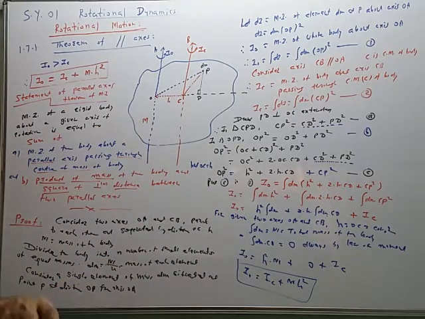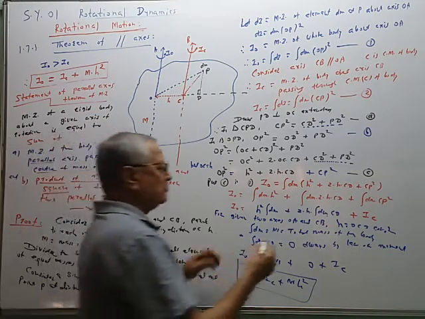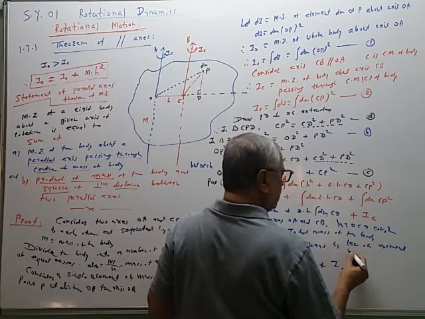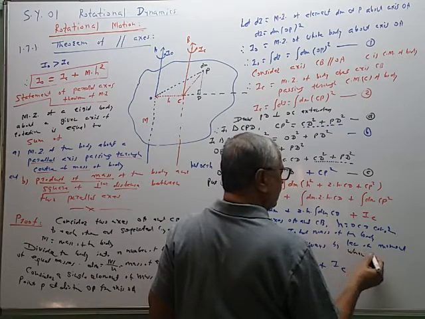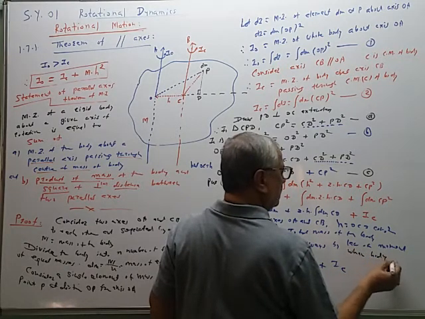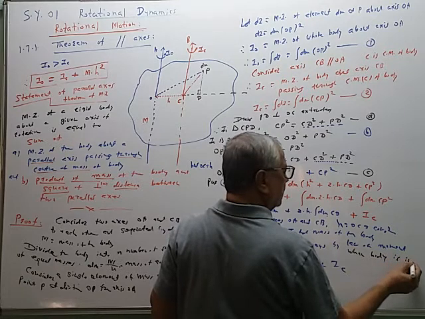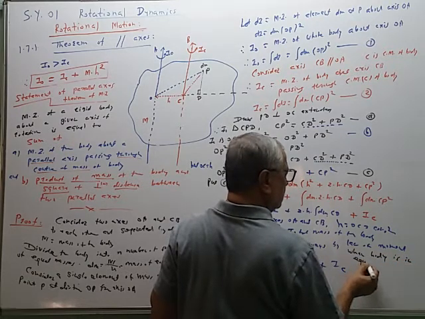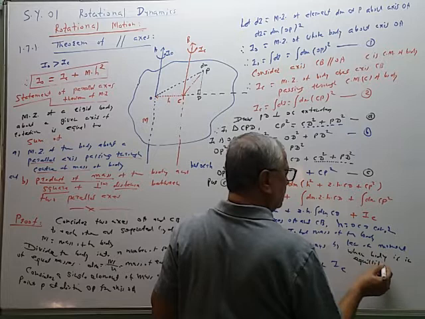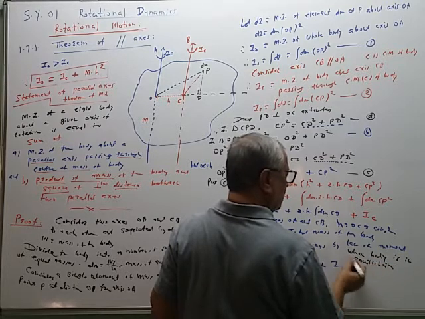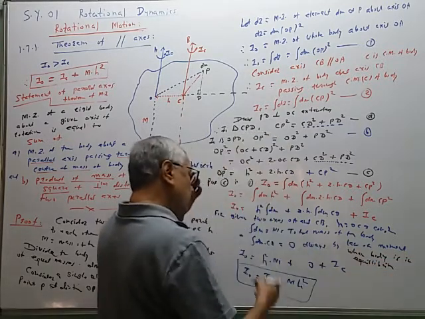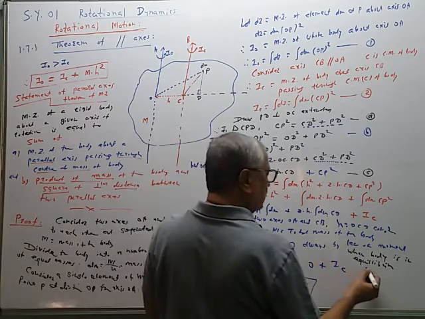So this body is in equilibrium by the law of moment. When the body is in equilibrium, by the law of moment, this value of integration of dm into cd is equal to 0.